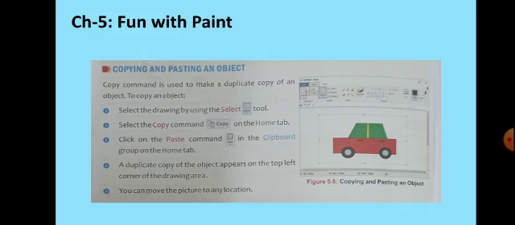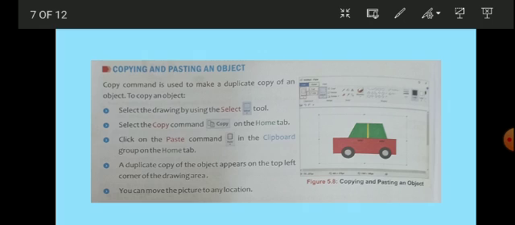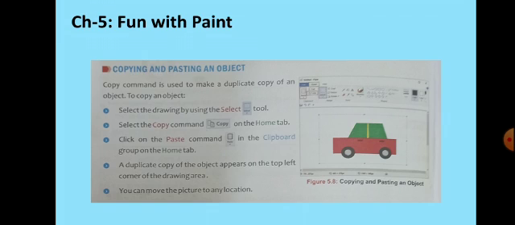Then a duplicate copy of the object appears on the top left corner of the drawing area. Okay, then you can move the picture to any location. So once it comes to the top left corner, you can then click on that object and drag it to any location and keep it there.